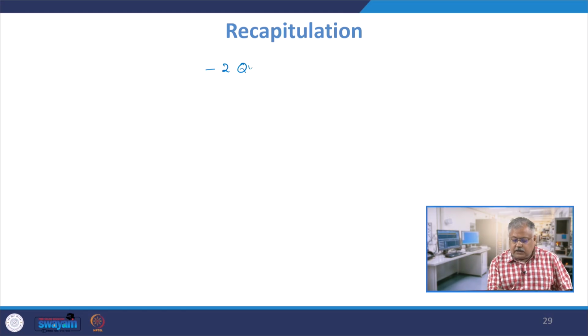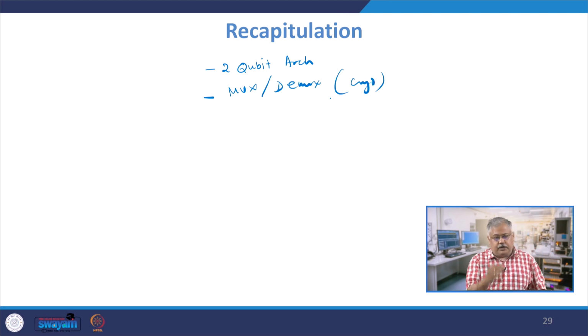So with this idea, let me recapitulate what we did till today. I gave you a basic architecture of a 2-qubit system. We looked at mux and demux, in this case at cryo, and we saw how it is responsible for reducing the thermal load and the interconnect load.